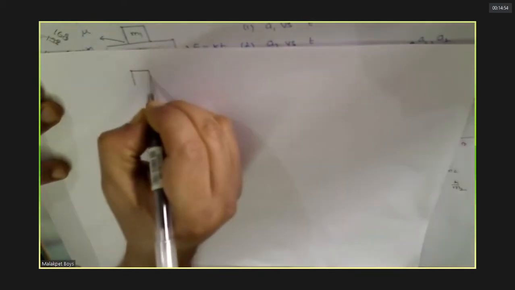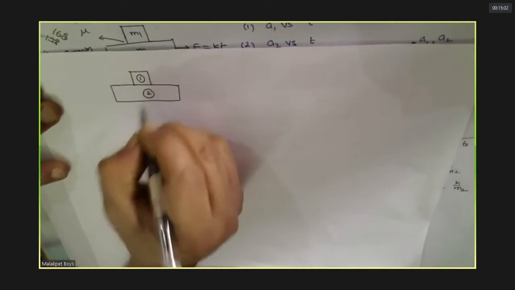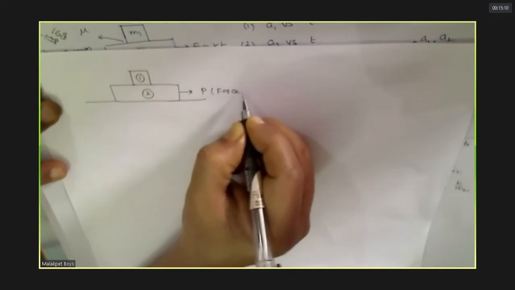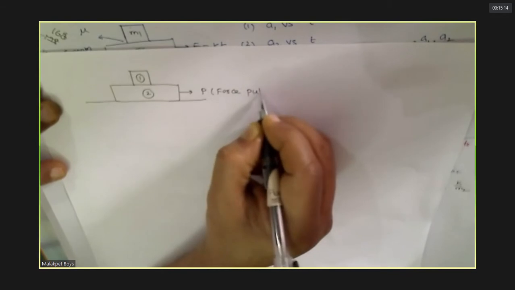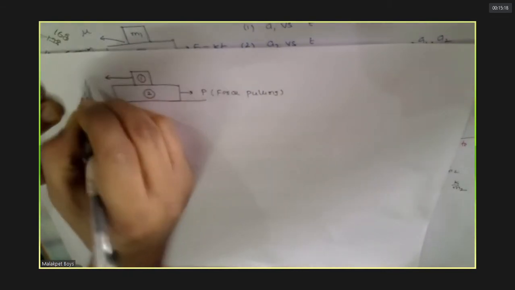Now suppose we have a situation wherein there are two blocks. There is a force P. P means pulling force. There is another pulling force.